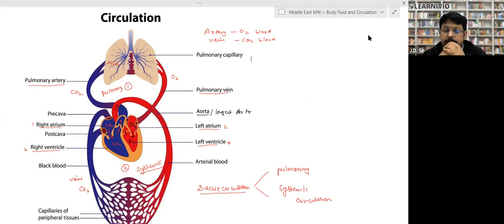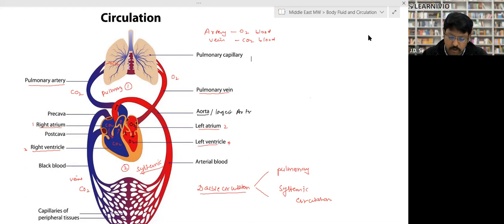Full stop. Pulmonary vein is the only vein in human body which carries oxygenated blood.